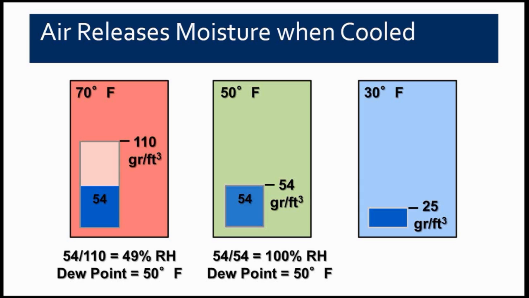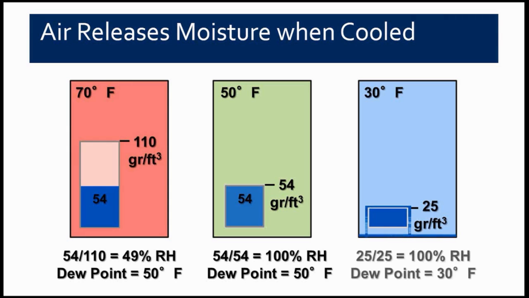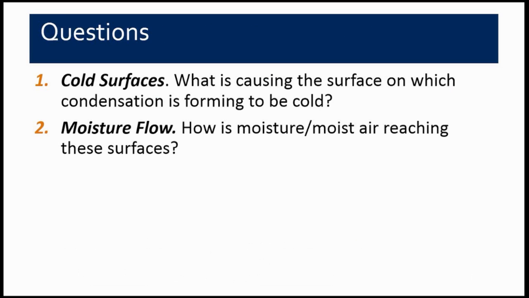So if you have air that's adjacent to a surface that is being cooled, you can see if it had basically 54, which is a 50-degree dew point air, and that's cooled, when it gets to 30, there's more water in the air than it can hold, so that moisture will be deposited on the surface that's below that dew point.